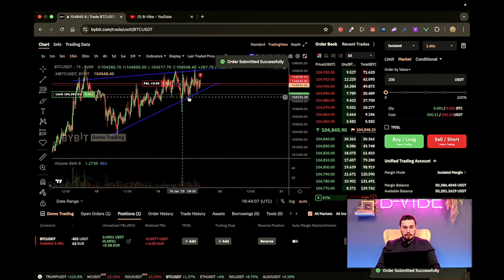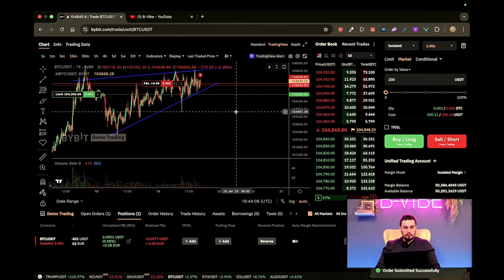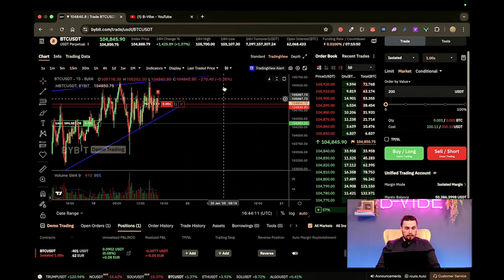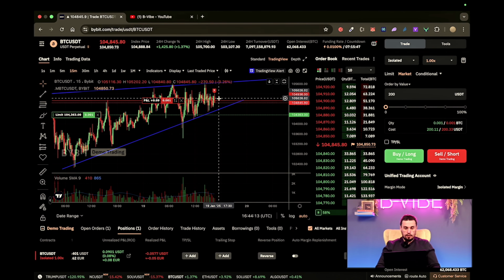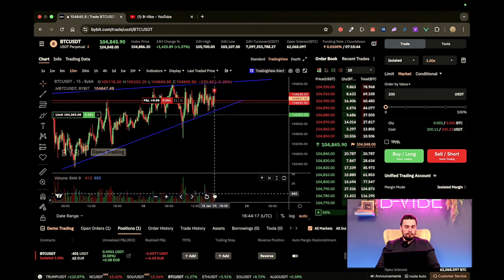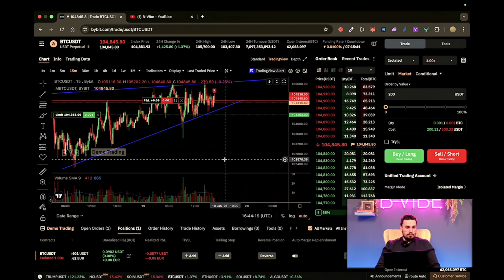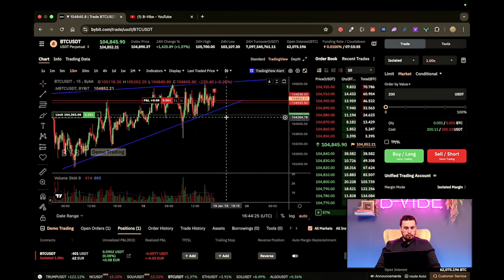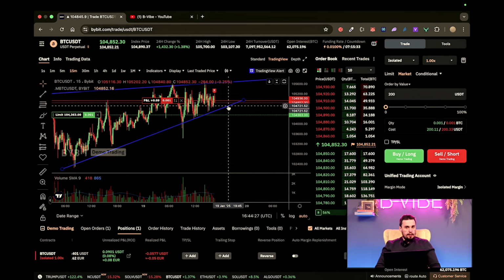Now you can see this green line appeared. What does it mean? It means that when the current price of Bitcoin reaches this green dotted line, the order will be automatically closed. So you don't have to pay attention to the markets all the time, looking at the graphs. Now it's in automatic mode.